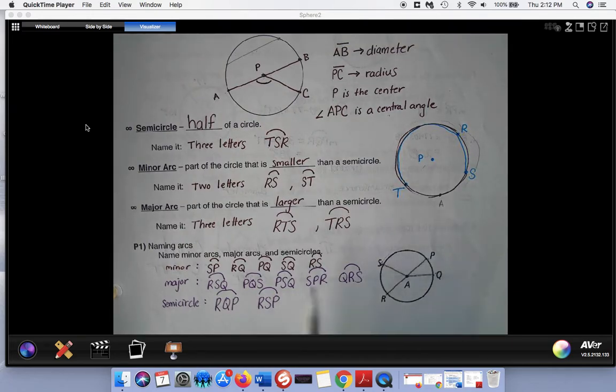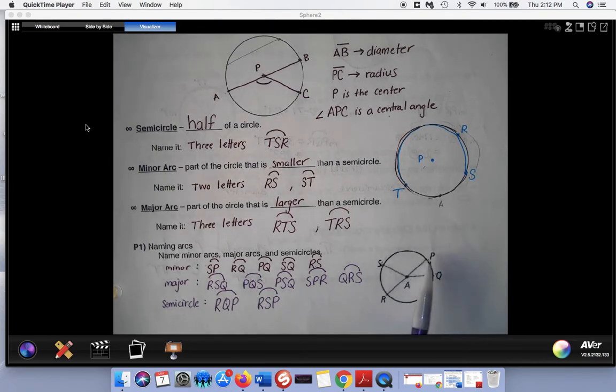Also, one other thing, especially with the major arcs, because I already pointed it out above with the minor arcs: if I take this major arc RSQ, so R to S to Q, notice that I bypassed P because I don't want more than 3 letters to name the major arc.